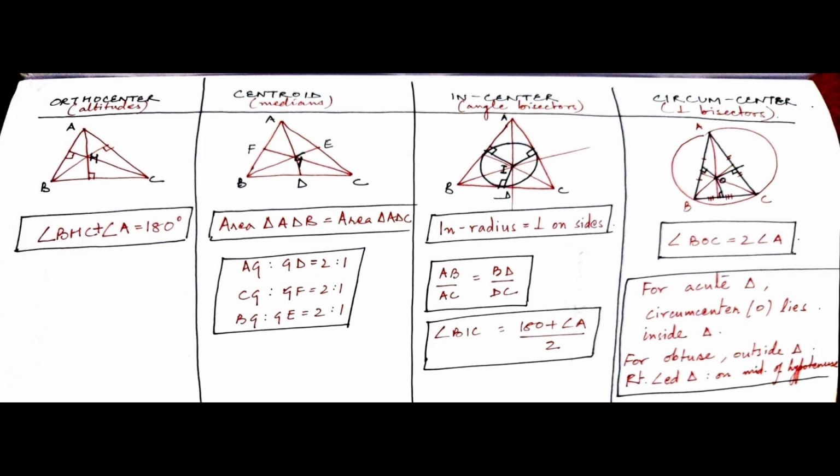Now we come to the incenter, which is the meeting point of the angle bisectors. We can make a circle inside the triangle, hence the incircle, and the inradius will be perpendicular to the sides of the triangle, right?